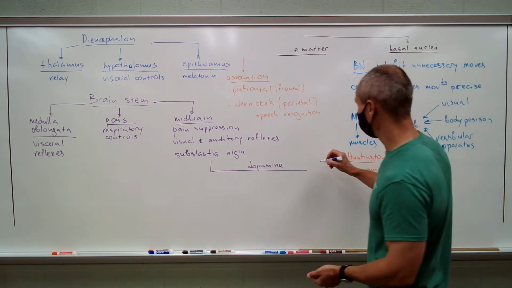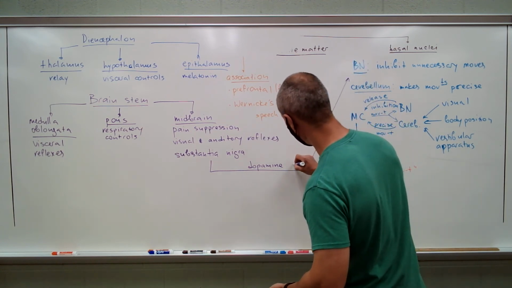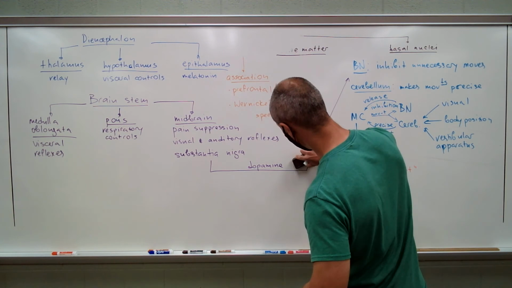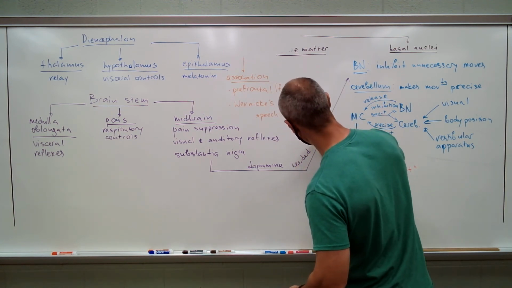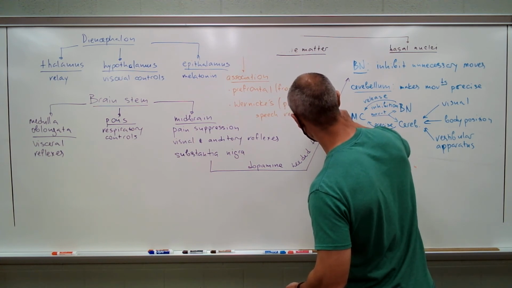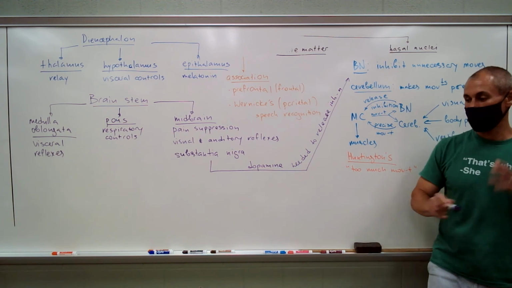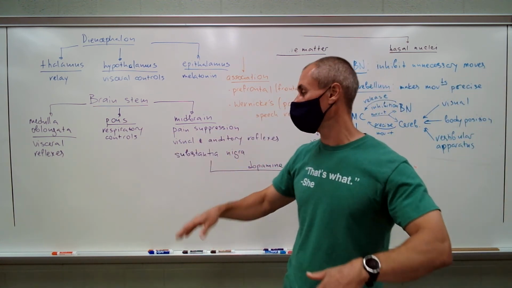Neurotransmitter dopamine, which then goes to basal nuclei, and it's needed to release inhibition. So basically, let me explain. Substantia nigra produces dopamine.